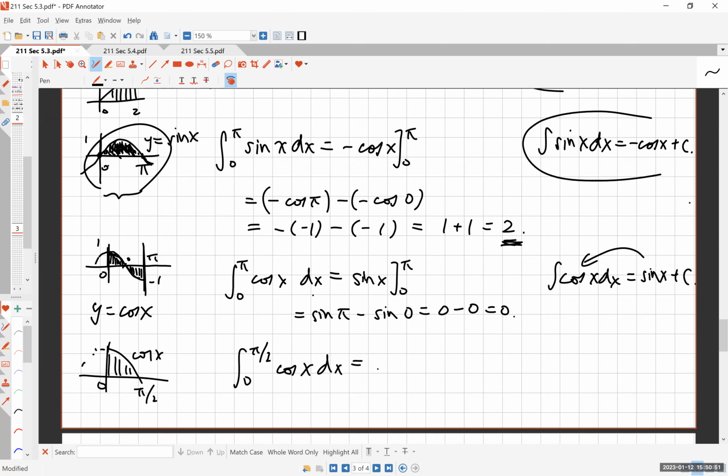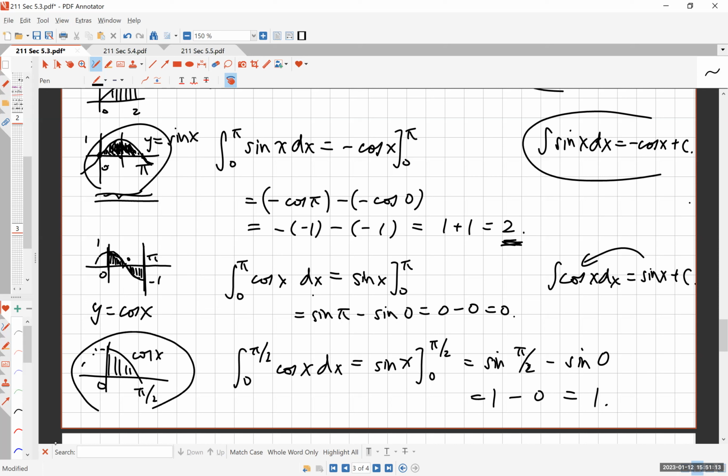This is sine of x evaluated at 0 and pi over 2. It's sine of pi over 2 minus the sine of 0, which is 1 minus 0, and that is 1. Which is consistent with the fact that the area here is 2. Half of that area is what you see here, and half of 2 is 1.